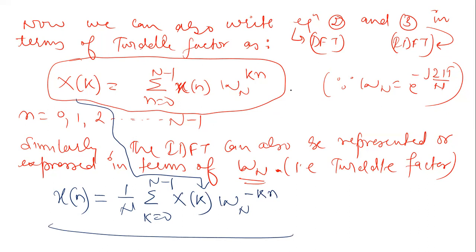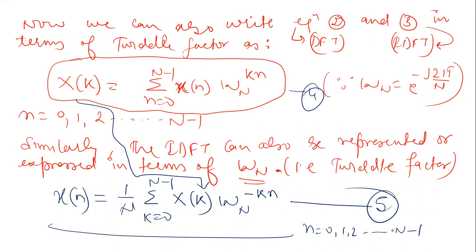So this is equation number 4, and this is equation number 5. Same here, k or n could be equal to 0, 1, 2 up to N minus 1.